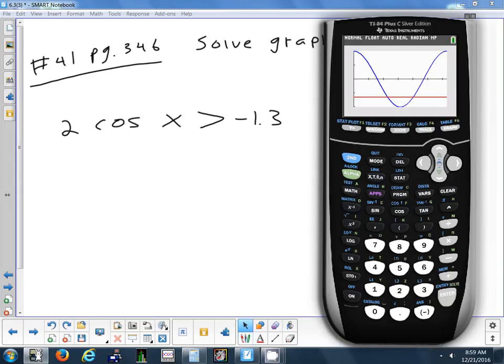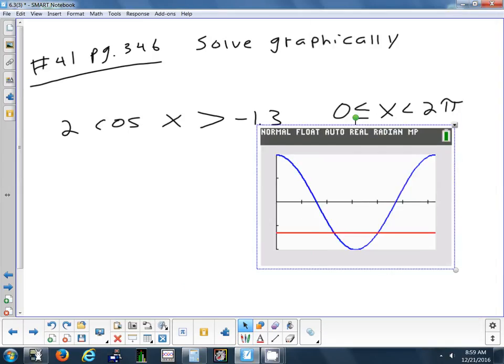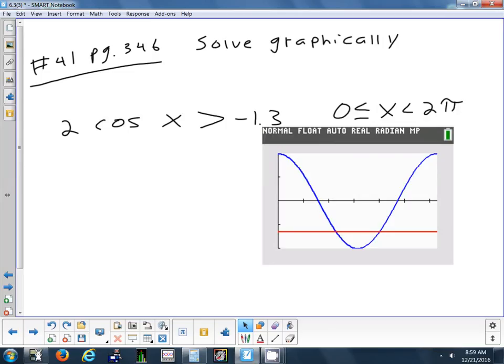Okay, so what do I have to do first? Yeah, calculate these 2 points. And then once I have those, my trig function is above negative 1.3 in this section, which I'm trying to make look bold, and this section.